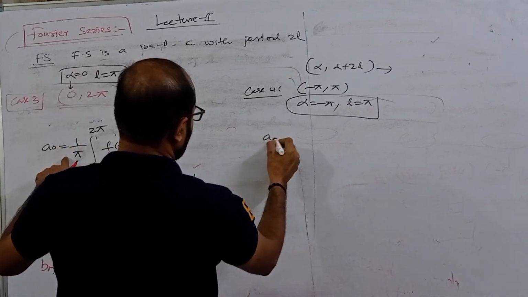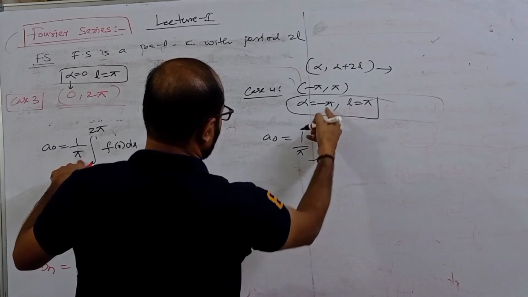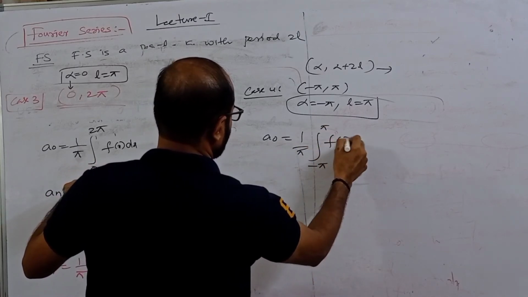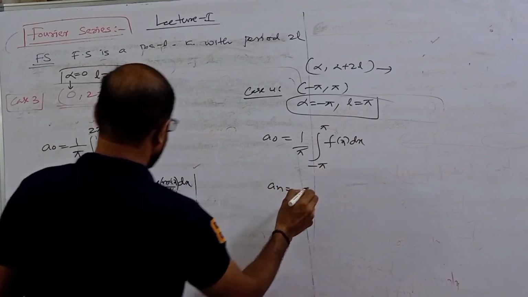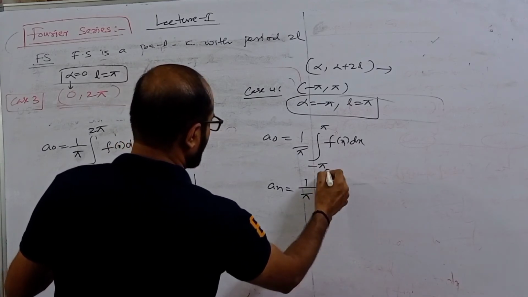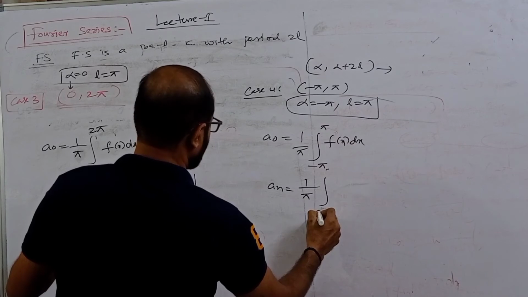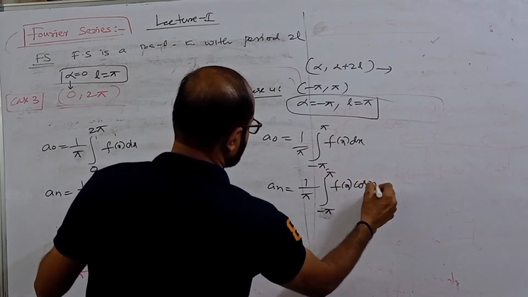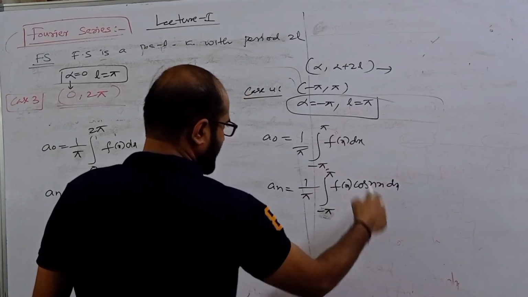Then what is a0? a0 is 1 by pi, minus pi to pi, f of x dx, right? And what is an? an is 1 by pi, minus pi to pi, f of x into cos nx dx only, because n pi x by L, L value is pi, pi cancels.